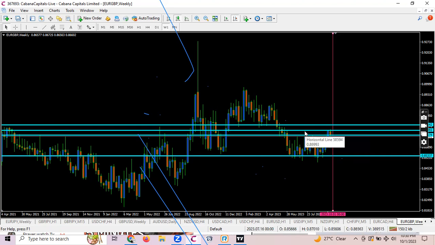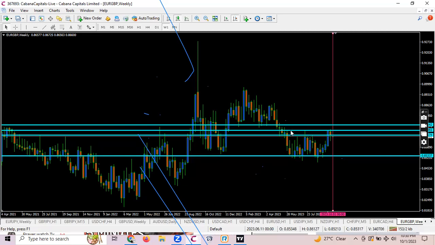If you understand that there are stop losses at this level that need to be cleared, that's the reason for this breakout from this range. So it's not every time a candle closes above a range that you just jump in and start buying.